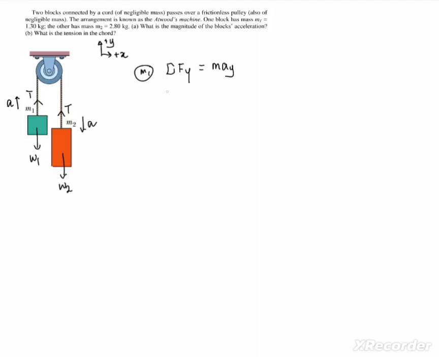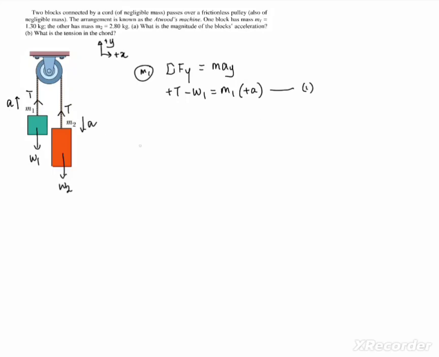What we have is positive T, negative W1, equals M1, because it's the first block, times A. Now, is acceleration positive or negative? We took positive y as upward, and for M1 the acceleration is upward, so it is a positive A. Let's call this equation 1.